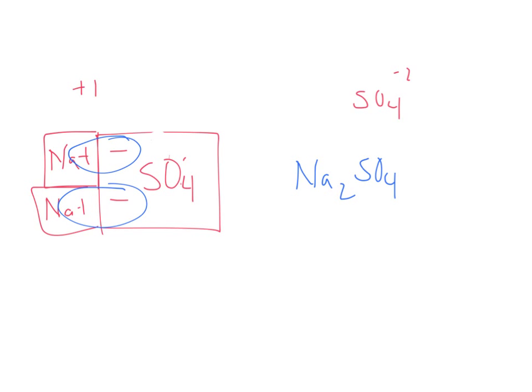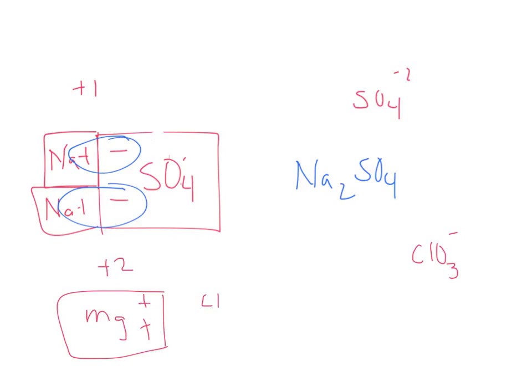So let's look at the second one, where this will be a little bit different. So using the same procedure that I did up above on number 1, I look at magnesium. It's in family 2. So magnesium has 2 electrons to give. I'll draw it like so. And then chlorate, you have to be careful because there's chlorite, there's perchlorate, but chlorate is ClO3 with just a minus or a -1.